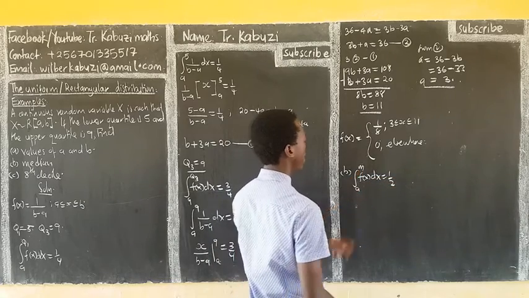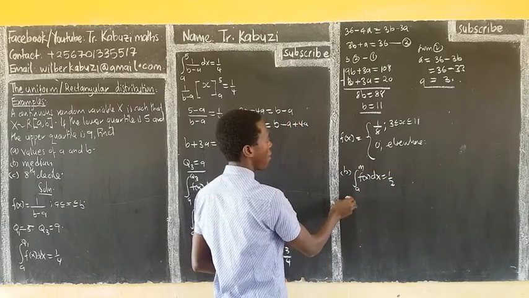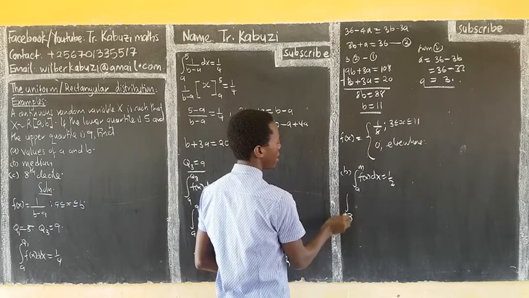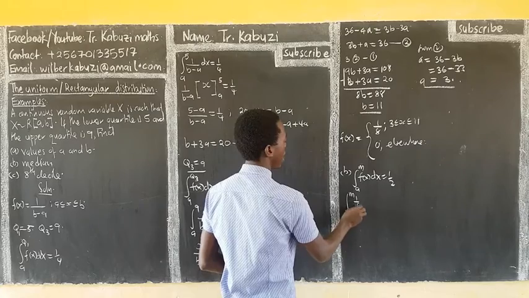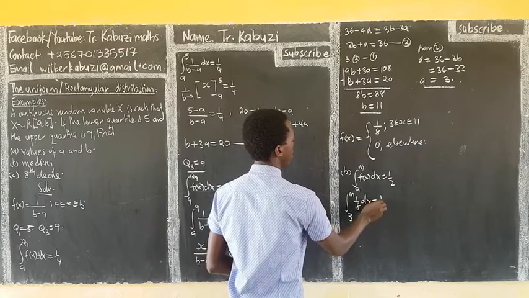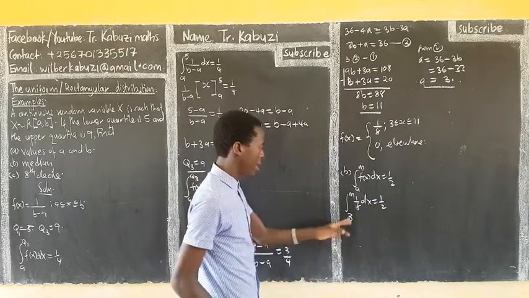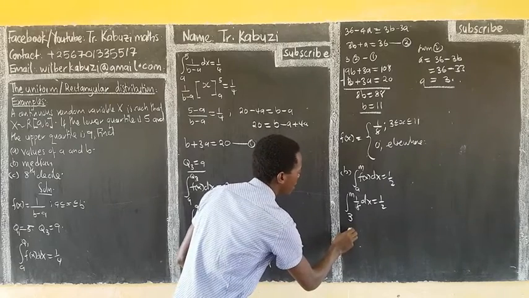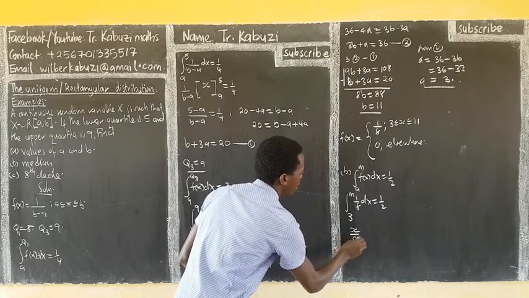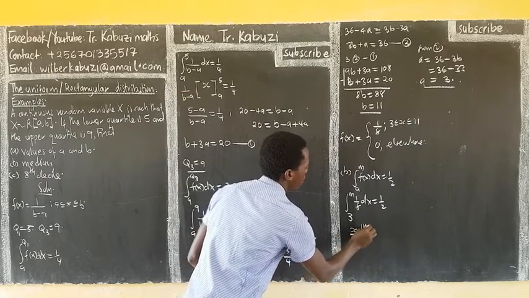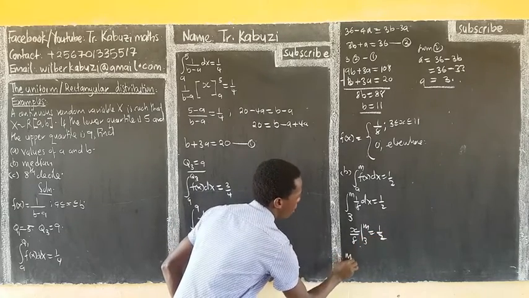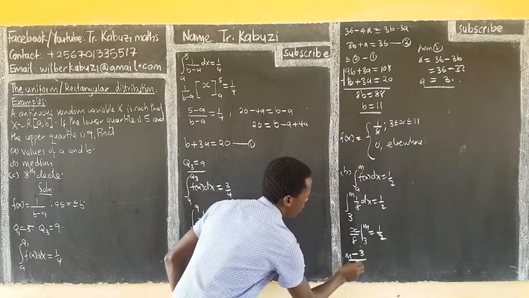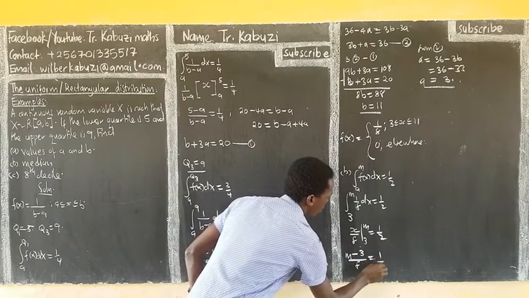So I'm going to integrate from 3 up to m, then 1 over 8 dx should be equal to a half. So in substituting we get x over 8 from 3 to m equal to 1 over 2. Putting the limits there, we have m minus 3 over 8 equal to 1 over 2.